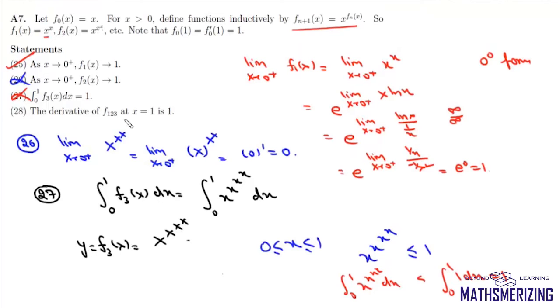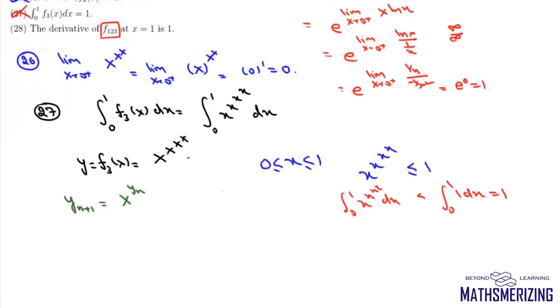Now this 28 is derivative of f123 at x equals 1. Now here we are given that fn plus 1 x equals x to the power fnx. So basically yn plus 1 is equal to x to the power yn, and if we take log and differentiate, we can write this as log yn plus 1, it is yn log x.